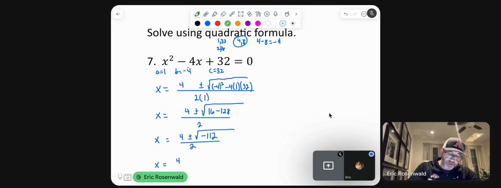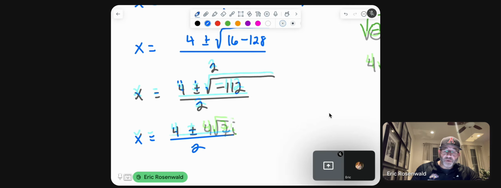So this 112, we can break this up into negative 16 times 7. And we learned that when we go negative and we're doing the square root, that's just going to turn into a 4 square root 7, but the negative makes it an i. So it's going to be plus or minus 4 root 7 i, and all of that is over 2.